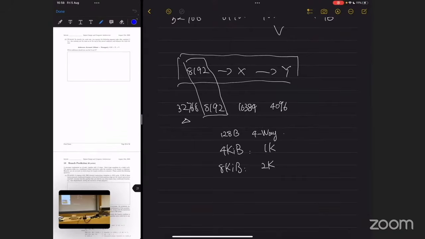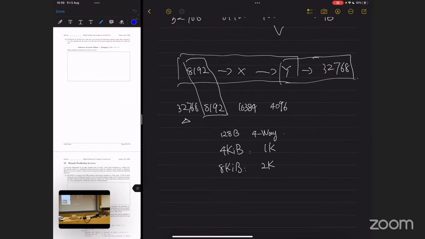So in order to do that, we put Y as 32K, such that if Y misses, then we know that the previous address X has replaced this 32K address.